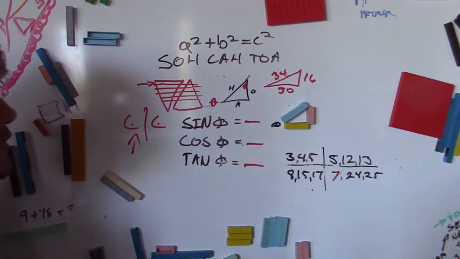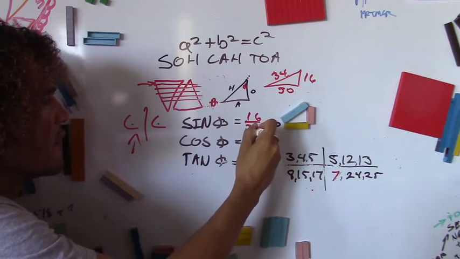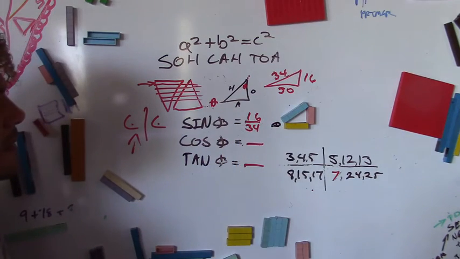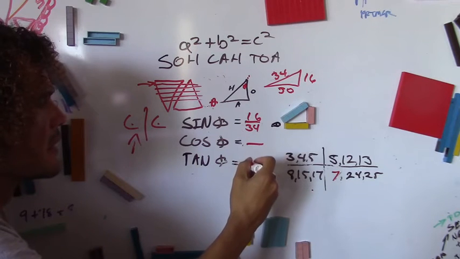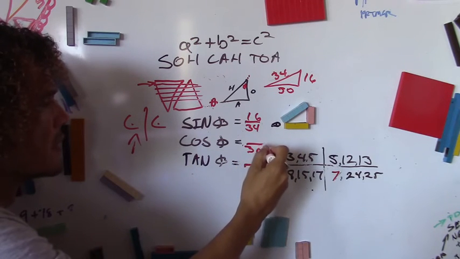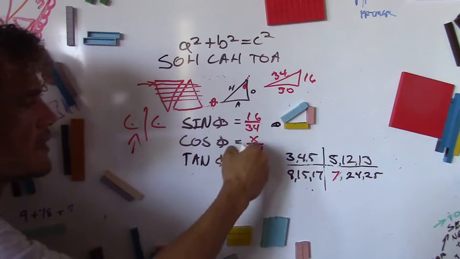So now even further, I can say, if I have sine, this is 16 to 34. Then I tell you this is also 34. Finding this should be easy. What's x got to be on that one?